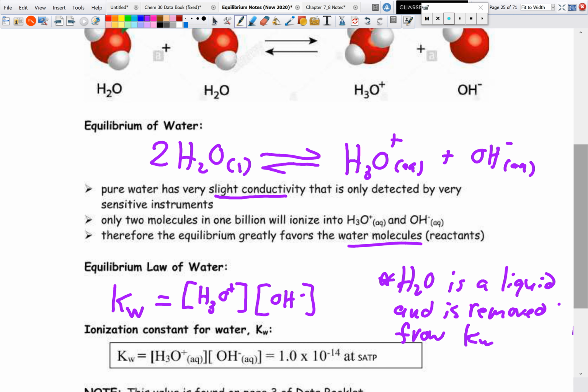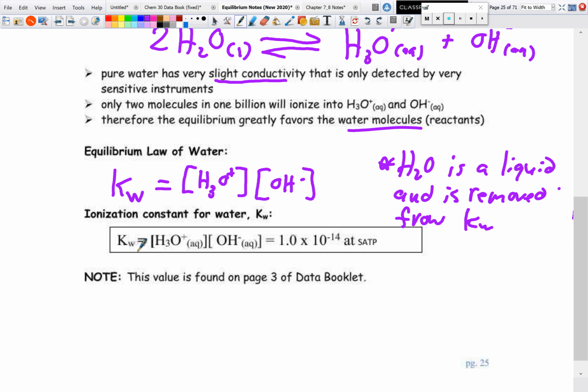So what we are left with is that Kw, our equilibrium constant, is just the concentration of hydronium times hydroxide, which gives the value 1.0 times 10 to the power negative 14. So that's why this number is very, very small, and why it mostly favors the formation of our reactants.